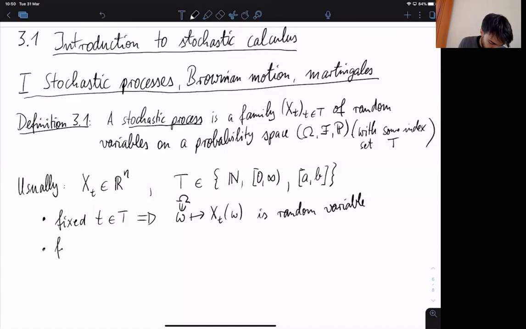But then you can also do the opposite. You can fix an omega, and then you look at what happens if I let t evolve.